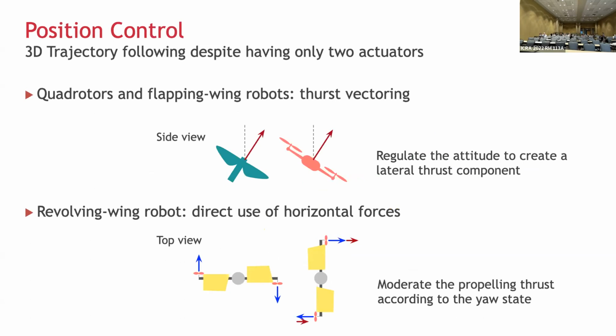So one interesting thing is we can also do flight control, meaning we can move the robot to follow or track a trajectory. And doing this is slightly different from quadcopters or flapping wing robots, because for quadcopters or flapping wing robots, the lift is always generated in the upward direction, right? So you have to regulate the attitude, the orientation of the robot, for the robot to create lateral acceleration.